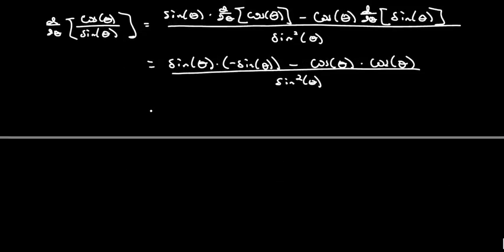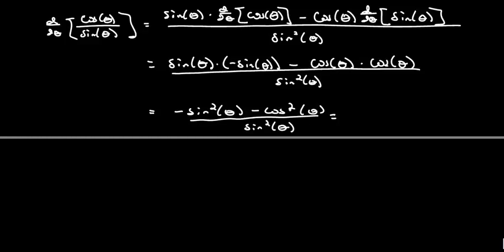Now what I'm going to do here is, because this is going to be negative sine squared, this would be minus cosine squared. So I have negative sine squared theta minus cosine squared theta all over sine squared theta. So I'm going to factor out a negative 1 out of the top, and what that gives me is sine squared theta plus cosine squared theta over sine squared theta.